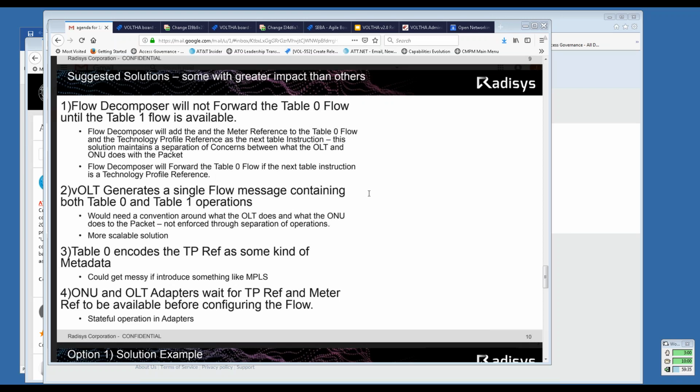Actually, yeah, Philip, I think you're right. I was probably adding these two things together. But what you're saying is, okay, ONOS sends one flow. The flow decomposer breaks it down into 2, but then passes along the TP information to both OLT and ONU adapters. Yeah, exactly. And the adapters wouldn't even really have to change. They would see essentially what they've seen before, except updates for technology profile and metering and all that.